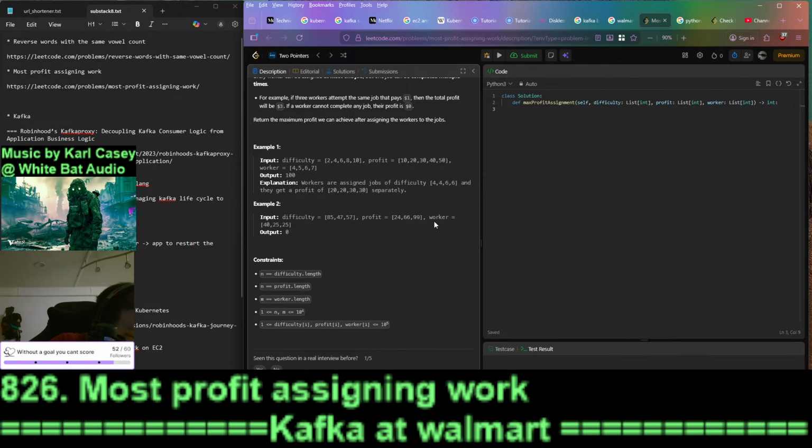We can sort the profit for sure, but if we can find the max within that range, that'd be the best.